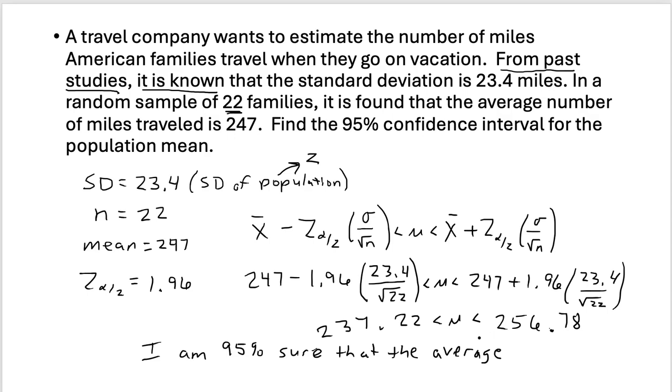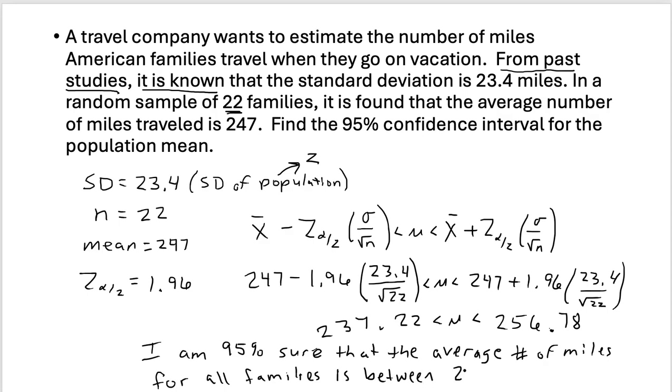All right, so average, what are we talking about? We are talking about the number of miles that American families travel. I'm going to abbreviate that just down to number of miles. All right, and then ask yourself for who. Okay, it's not just the 22 families anymore, but it's all families.